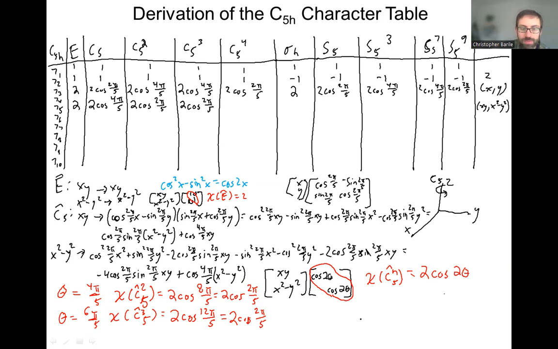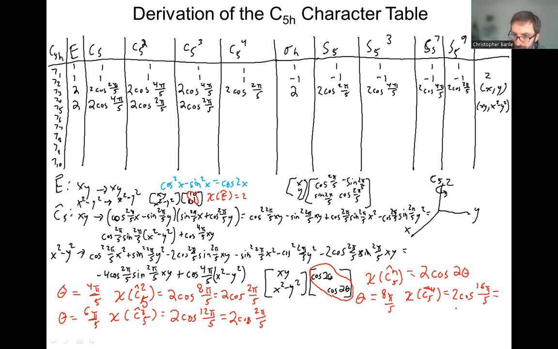And then our last one, we have a C5 4 times. And so our theta actually equals 8 pi over 5. And so our character for C5 4 times is 2 cosine 16 pi over 5.